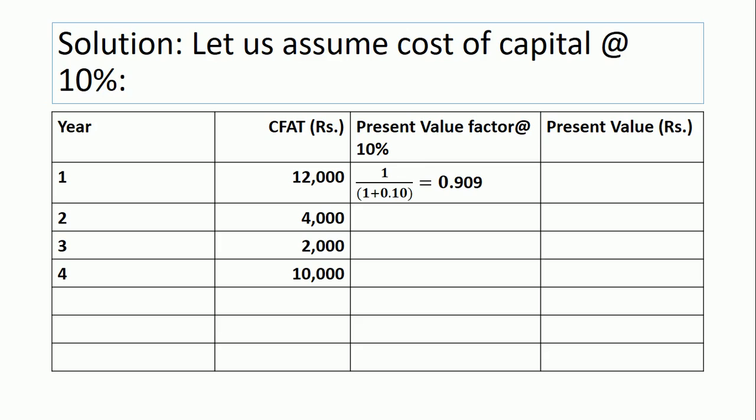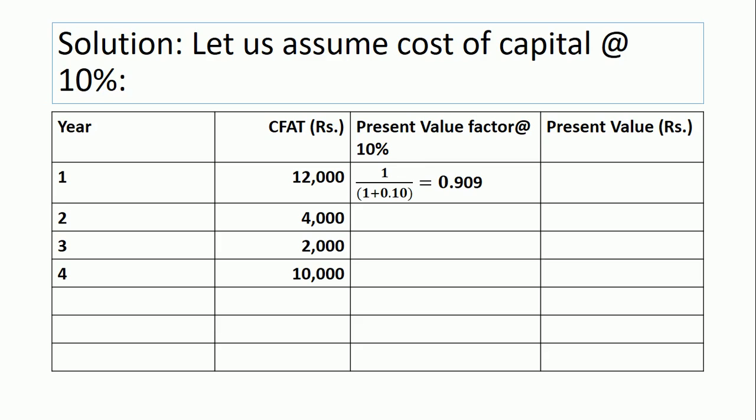Third column, present value factors. I already explained in previous videos how to calculate PV factors. Here we use the formula 1 by 1 plus R by 100, where R is the cost of capital, here 10%. We can also write 0.10. That is 0.909 for the first year.